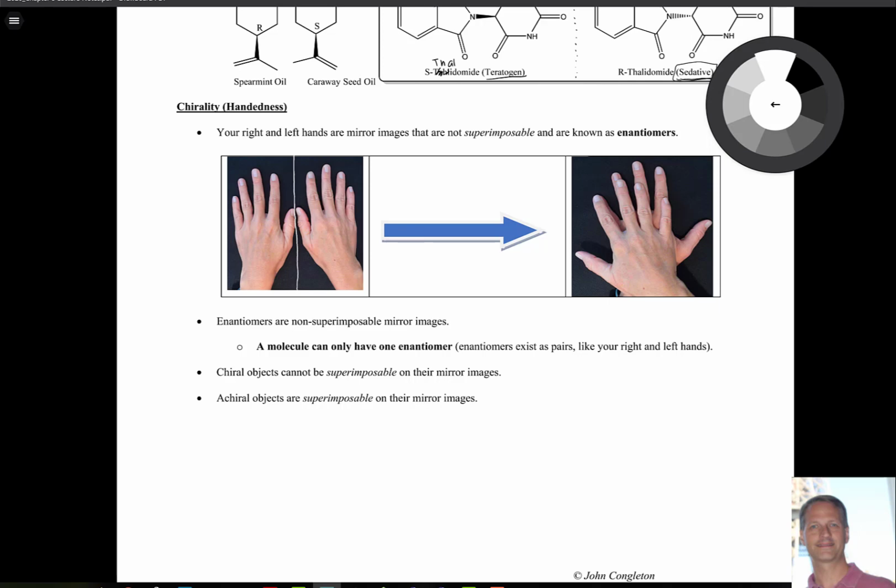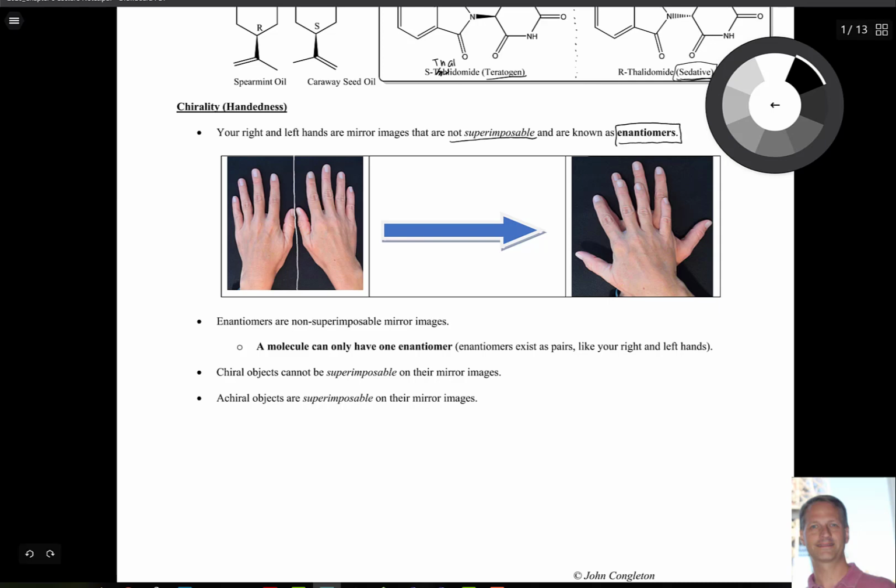To test whether or not your left and your right hand are identical, and we already know the answer to this, we put them on top of each other and check to see if they are superimposable. If they are not superimposable, then they are known as enantiomers.